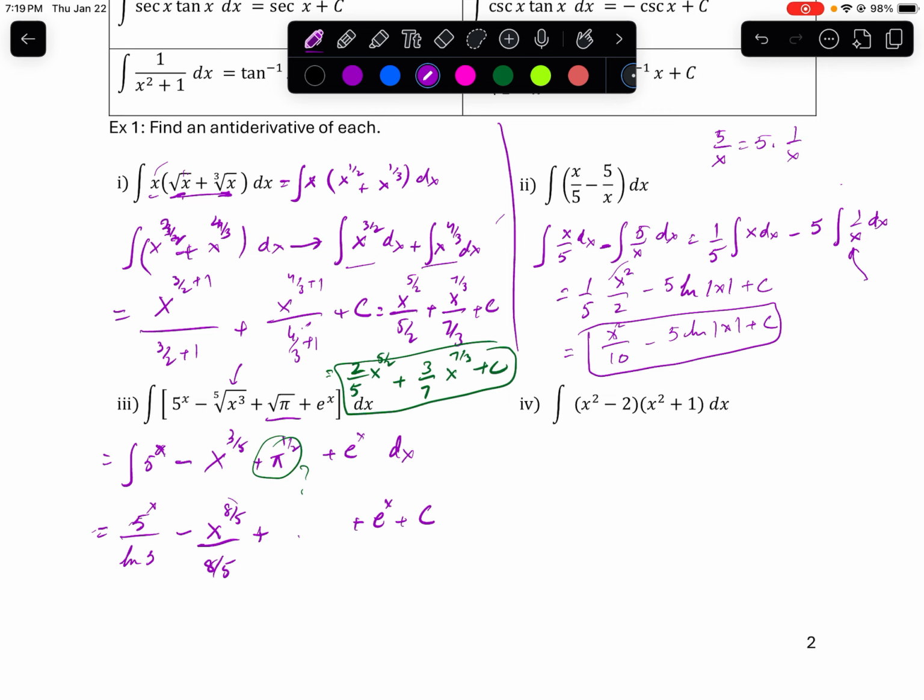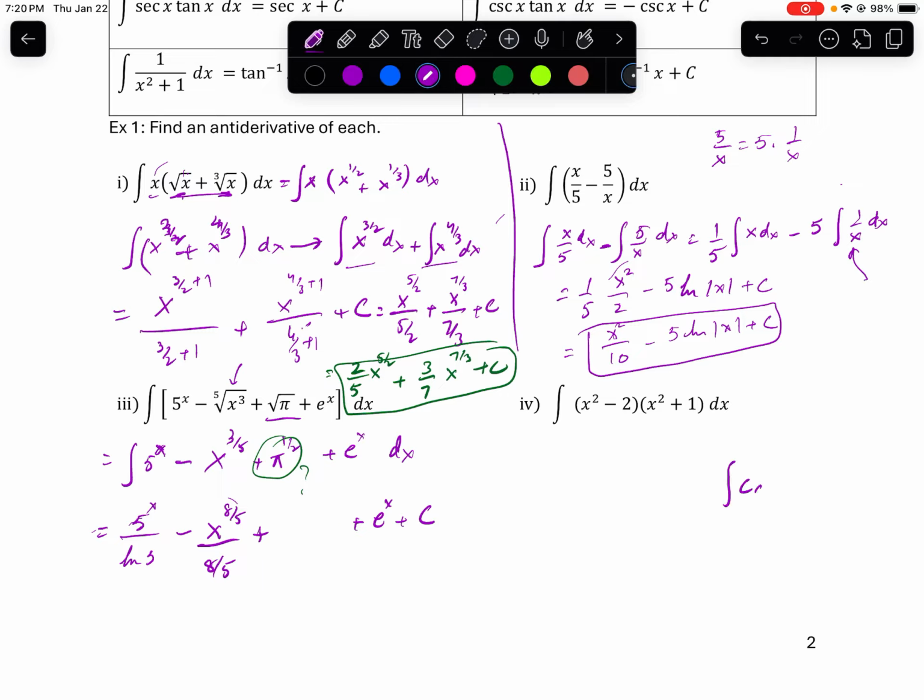But what happens here? Should I say this will become pi to the 3/2 over 3/2? No, that will be wrong. Why? Because remember, pi is a constant. So square root of pi is also a constant. So this will be just a constant. So what is the integral of a constant?